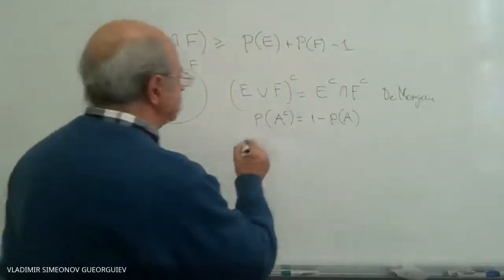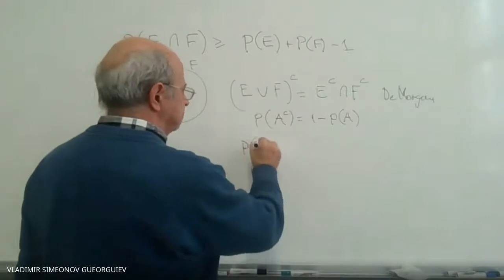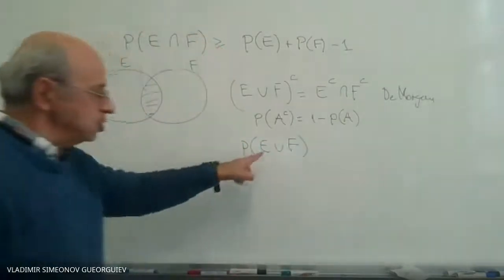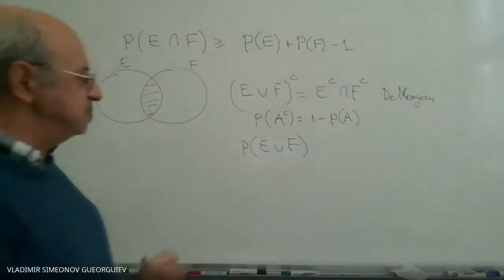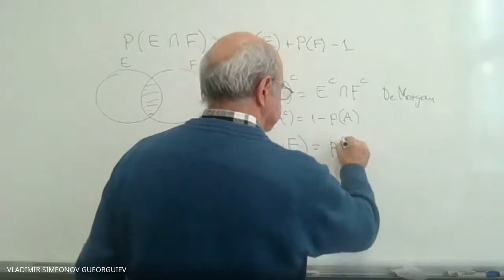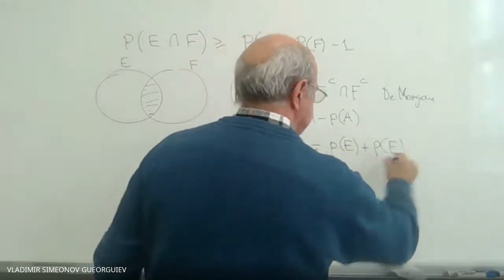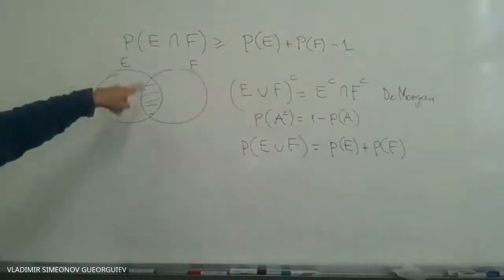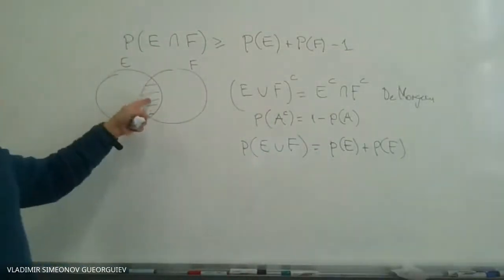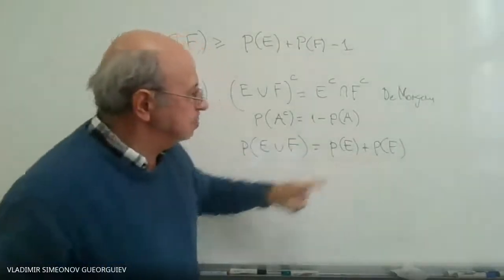we know another important property, the probability of A union F. Of course, when A and F have empty intersection, this is probability of A plus probability of F. If instead we have an intersection, in the union we count this set in this sum twice.